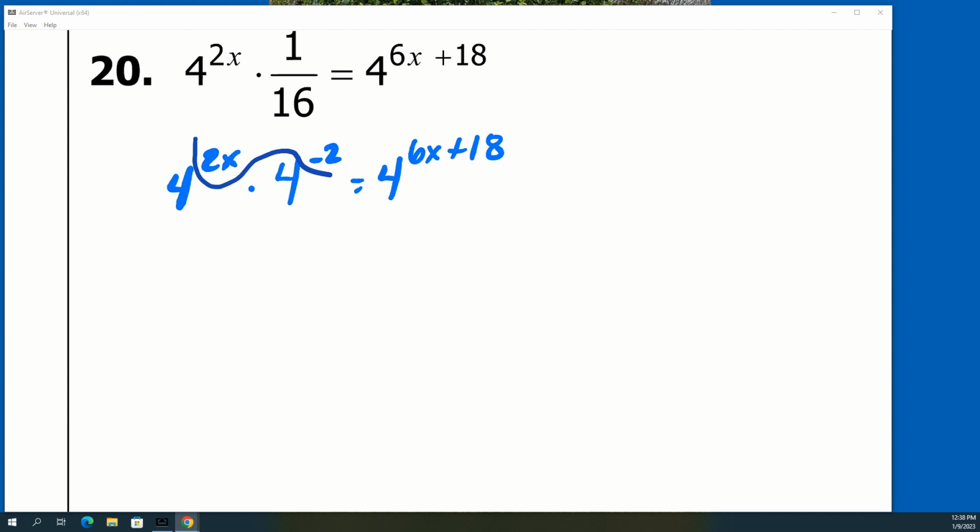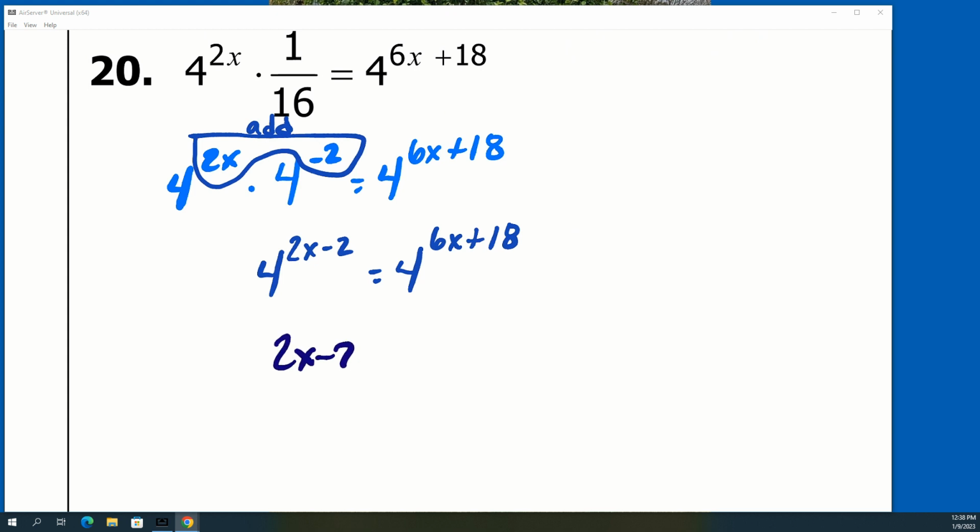All right, then I'm ready to go ahead and add those because they both have a base of 4. Right. And as soon as it's just 4 to something equals 4 to something, we can drop off the 4s and then just solve it from here.